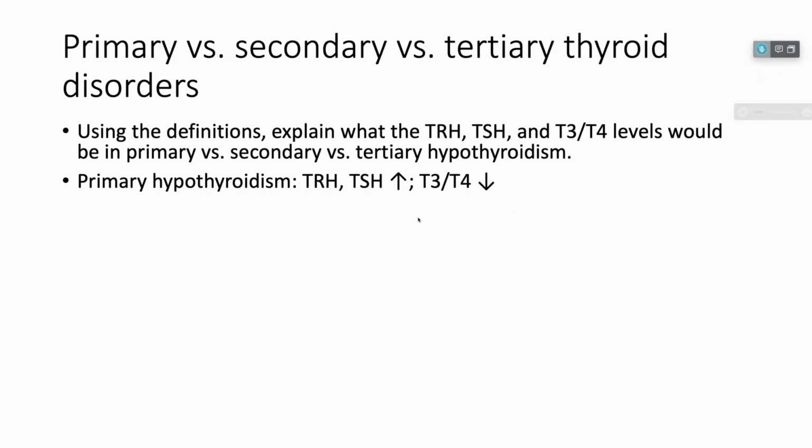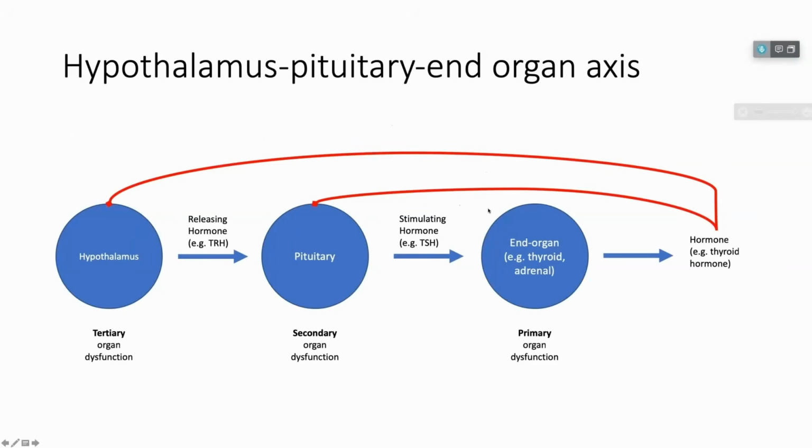Elisa, how about secondary? What would the TSH, TRH, and T3, T4 levels be in secondary hypothyroidism? So in secondary, the TRH would be increased while TSH and T3, T4 would be decreased. Boom. Why? I'm lacking feedback from my end organ.